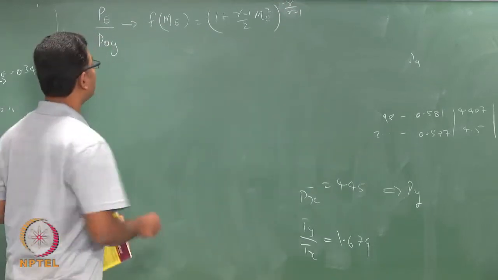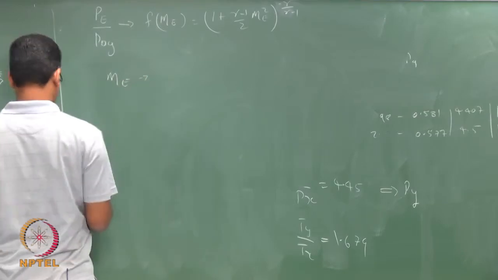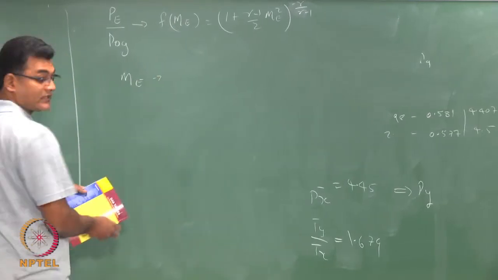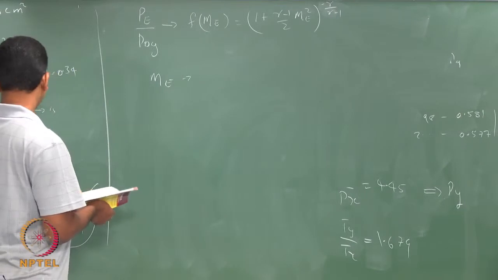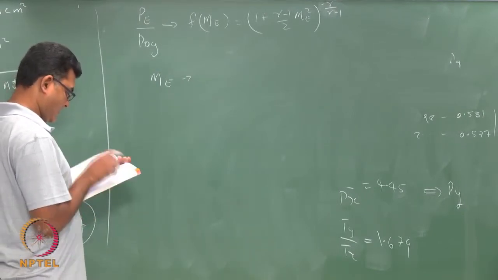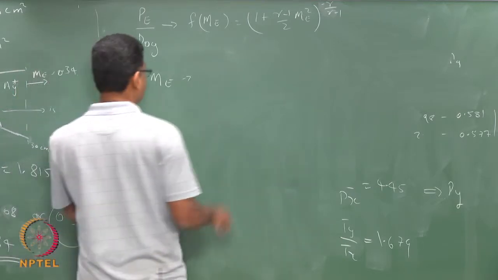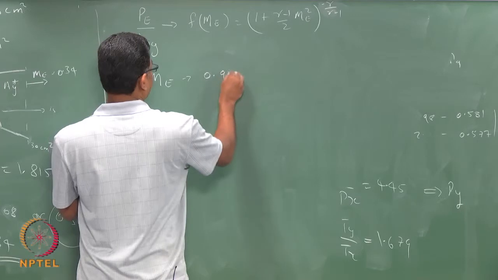So you look at the isentropic tables and get the fraction, which is M exit is 0.34, P by P0 is 0.92.